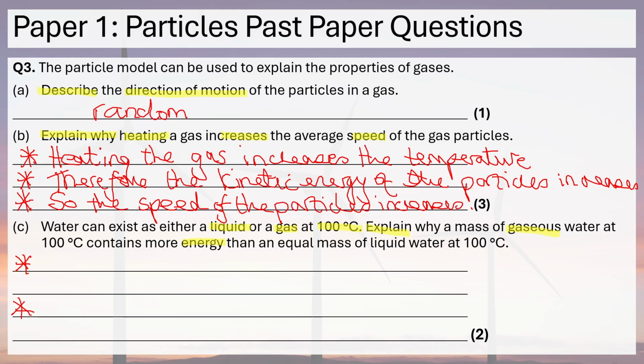We need to say why. And there's 2 points to make here. So again, I put down 2 bullet points. The first is that energy is needed to break bonds when the water boils. So energy is needed to change the state from liquid to gas.